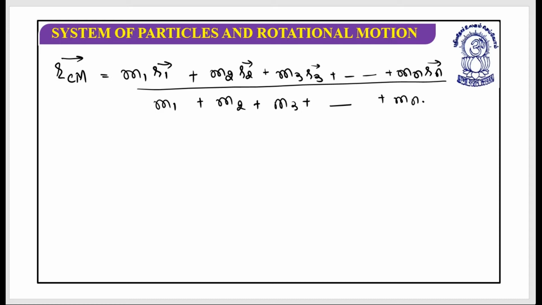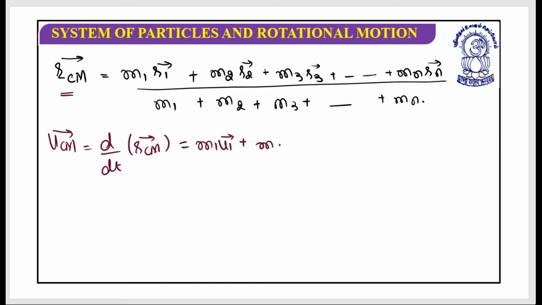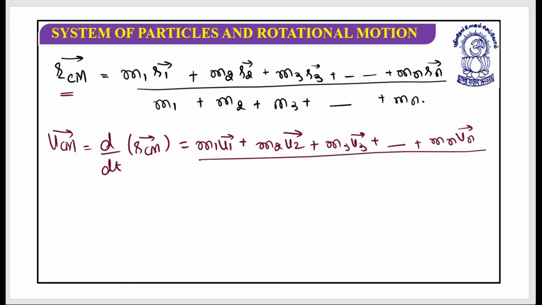If we differentiate this position vector with respect to time, we get VCM, that is d by dt of RCM. That could be written as m1v1 plus m2v2 plus m3v3 up to mnvn, divided by m1 plus m2 plus m3 up to mn.